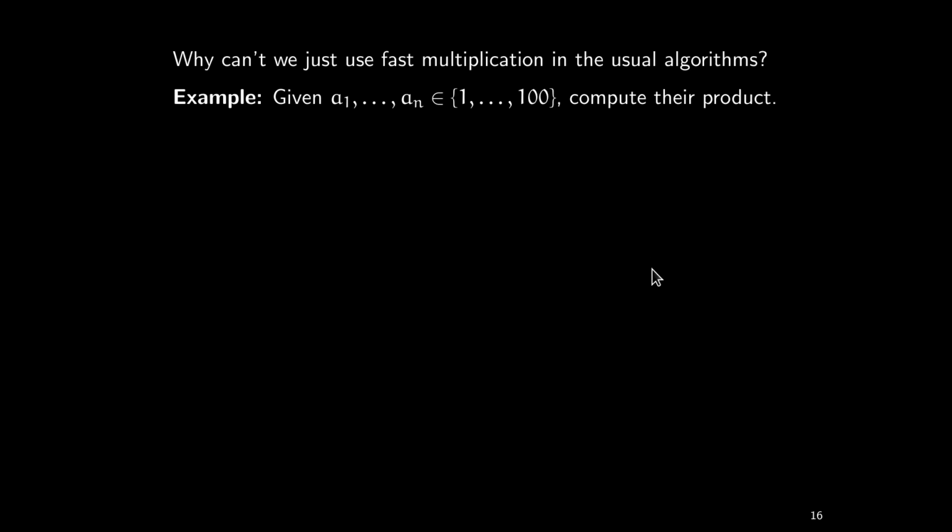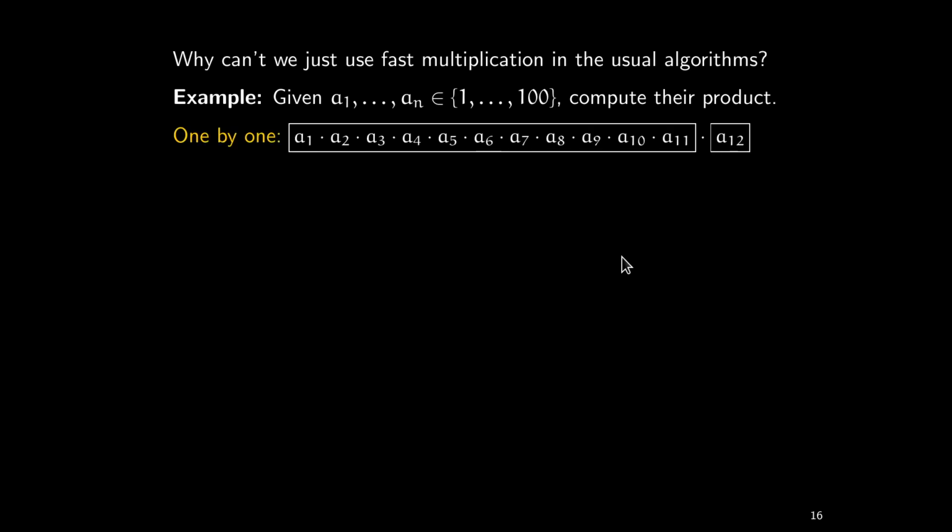So the natural idea for doing this is to compute the product one by one. So you take first a1, and then you multiply it with a2, then you take this result, multiply it with a3, and take this result, multiply by a4, and so on. So in the end, you have this product, and you multiply it by the last number, and then you get the final result. So this is 12 numbers in this case, n is equal to 12.